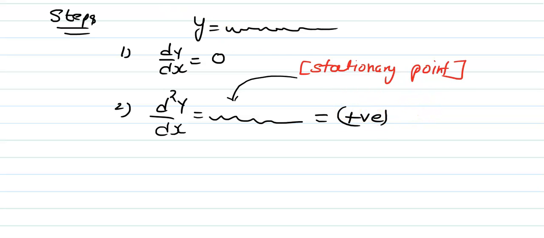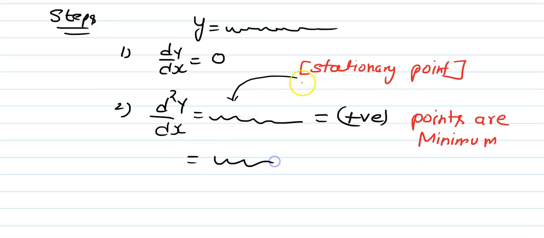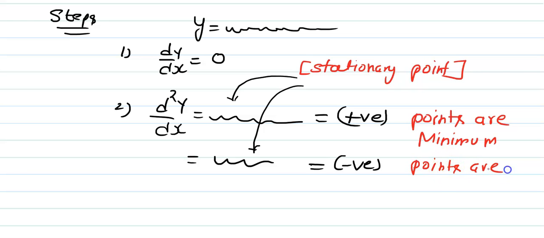Whatever is the function, put this stationary point, and if it is coming positive, then we can say points are minimum. Okay, and if d2y by dx2, you put these stationary points here and it is coming negative, then we say points are maximum.